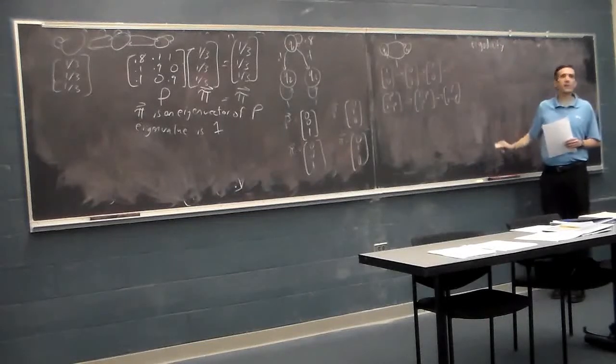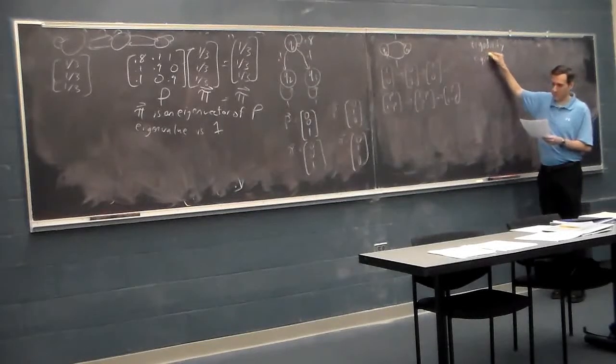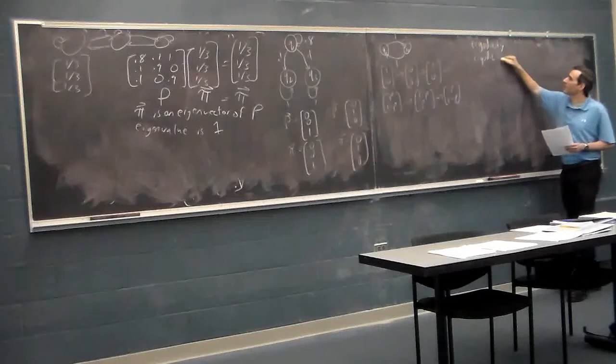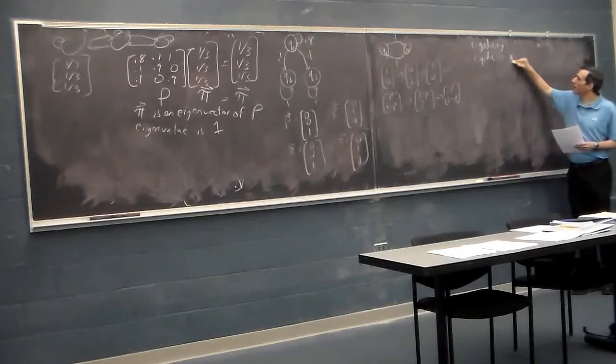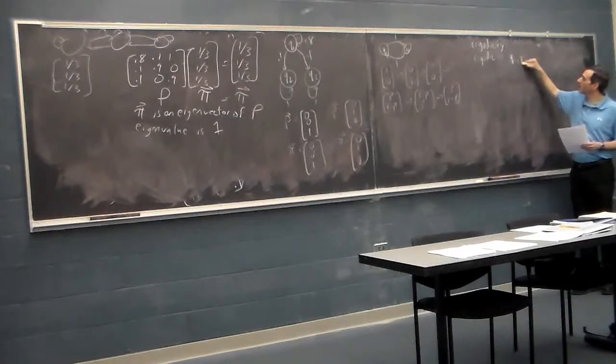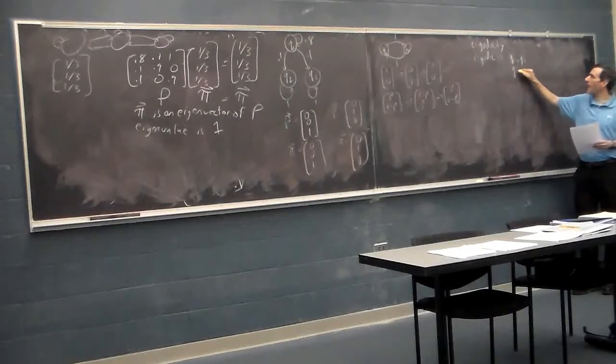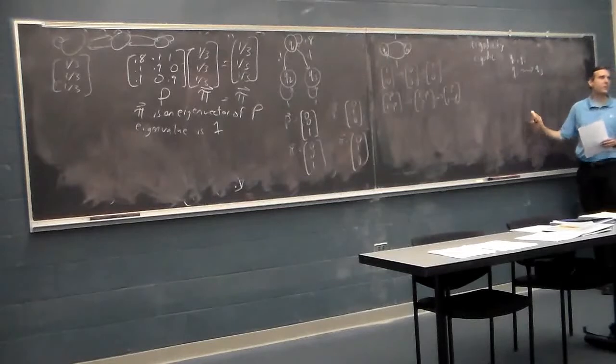So a Markov model is referred to as ergodic if for any qi and qj, there exists some path with non-zero probability from qi to qj.